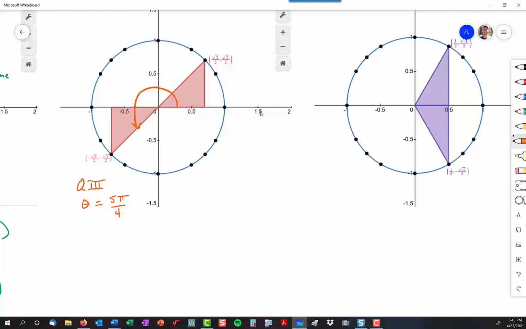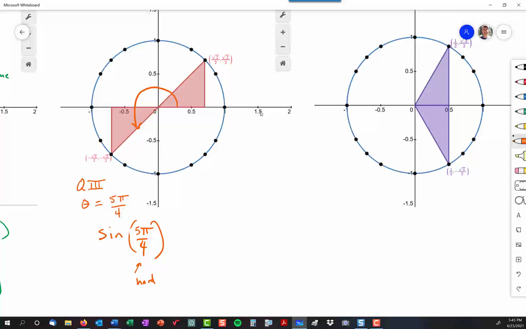And say we want to calculate, this time, sine of 5 pi over 4. Now this is not one we've memorized. We don't know what this is. This is a bit hard for us because we haven't done angles bigger than the first quadrant before.